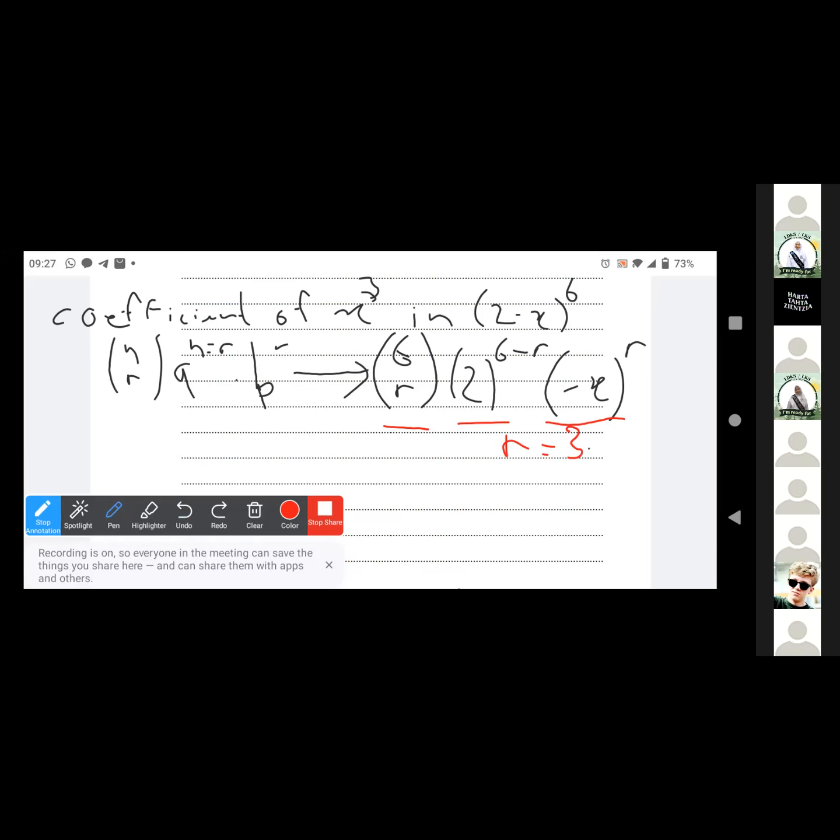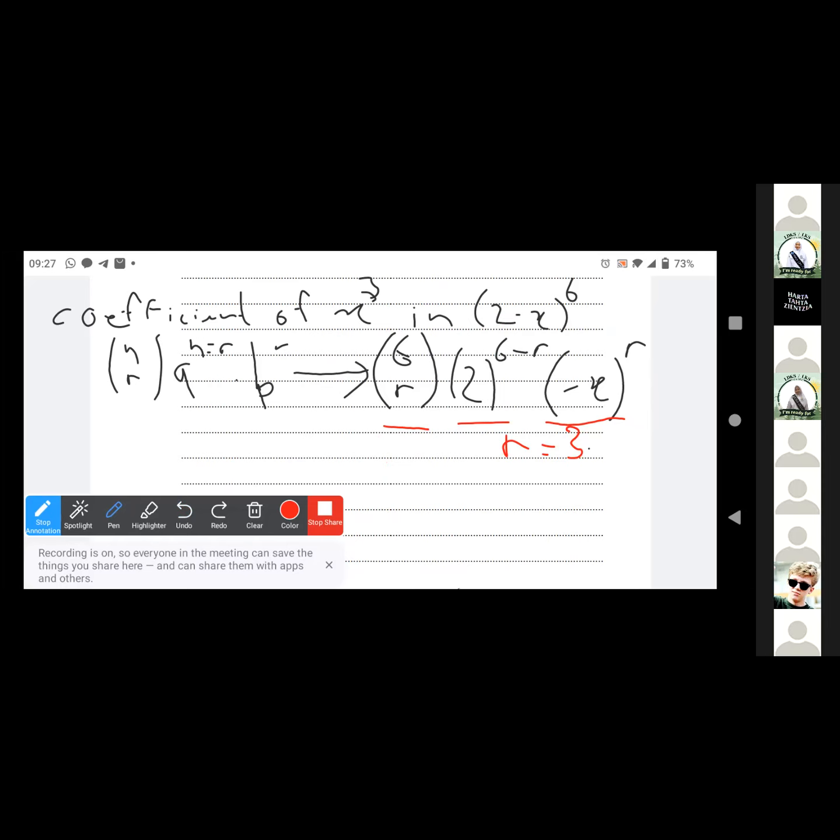And then what's next? The next step is just to use r equal to 3 in this formula, and we'll get the answer. So 6 choose 3.